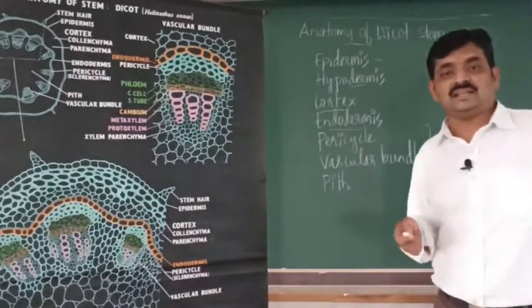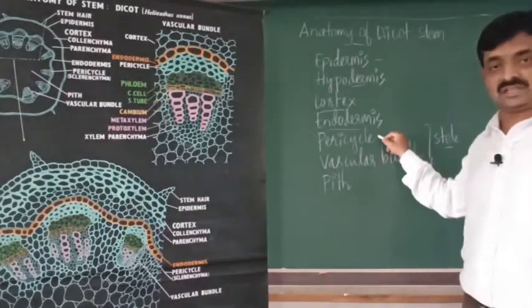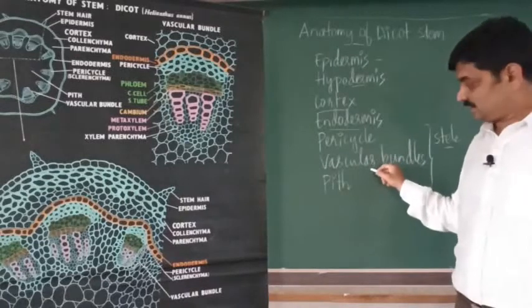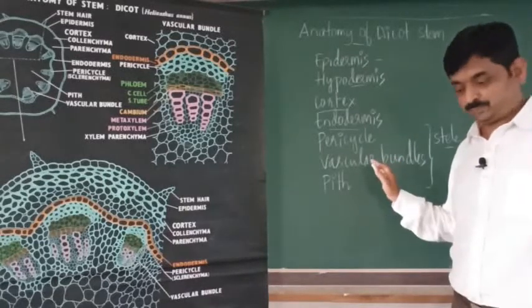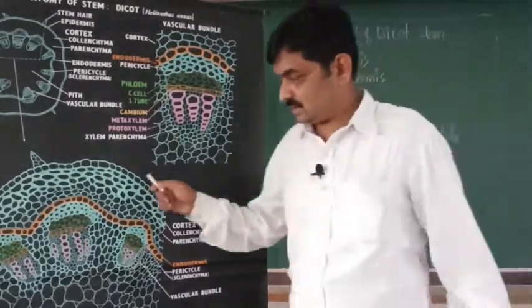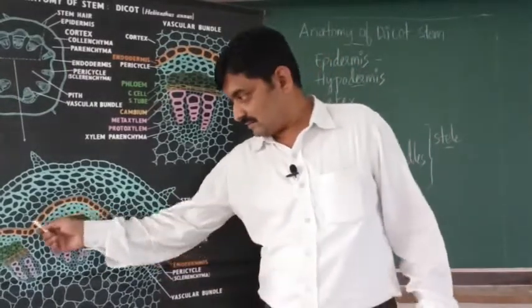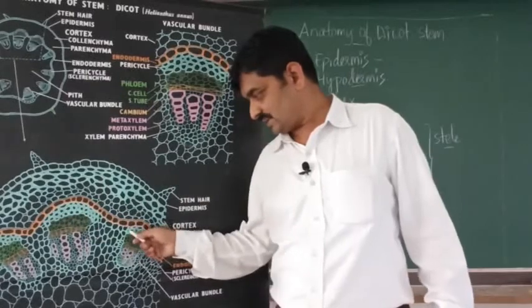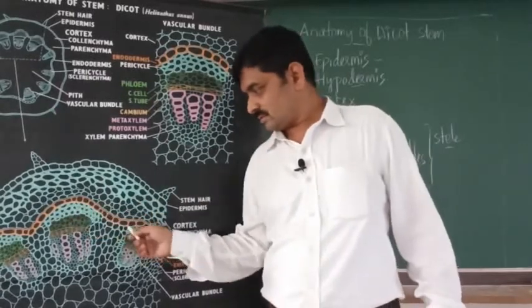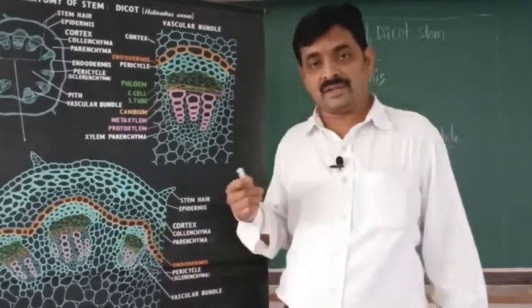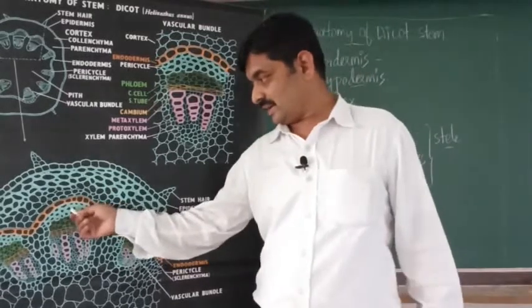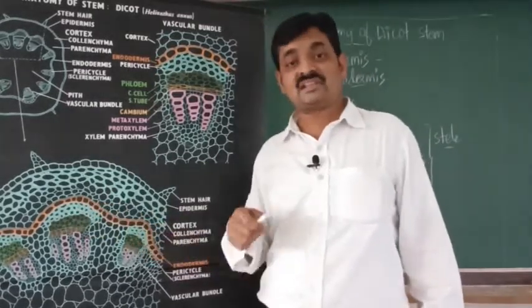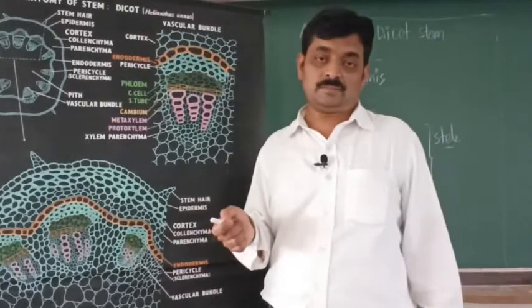Now this stele is composed of the pericycle, the vascular bundles and the pith. Here you can see these cells here, even these cells here, they are the part of pericycle. Pericycle here is composed of sclerenchyma cells.